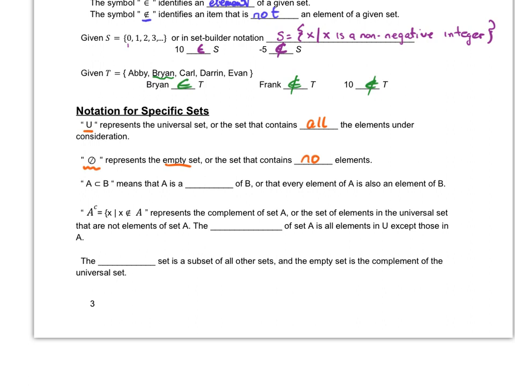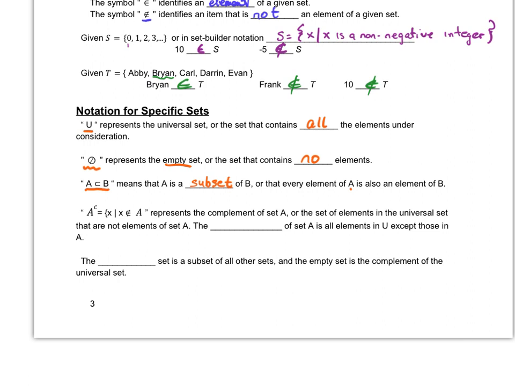And then we have A is a subset of B, which means that every element of A is also an element of B. B may be larger, there may be more selections in the B set, but A is part of it.